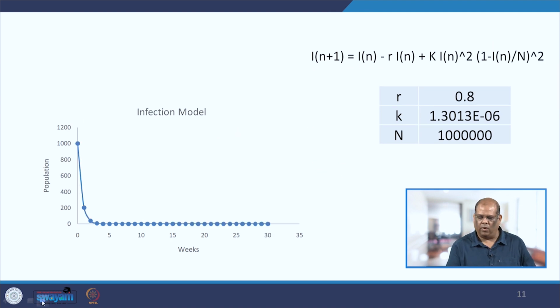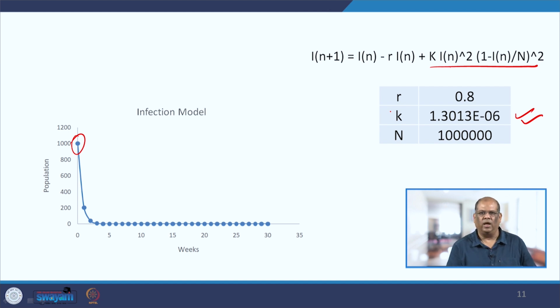Now, this is the model where I have changed the law, where the new infection directly depends on k times I_n square multiplied by 1 minus I_n by n whole square. And we have seen that if we put that with the same initial condition 1000 and the same value of k, please note that this value of k has been taken arbitrarily. If you use some other initial condition, this value of k may change.